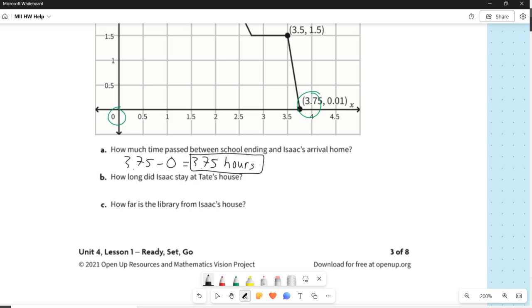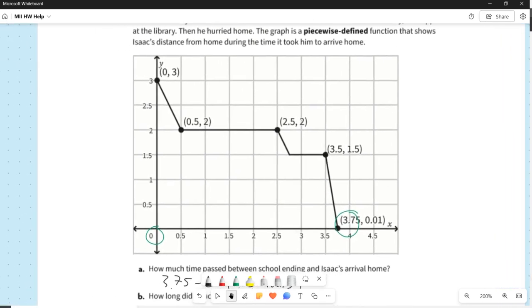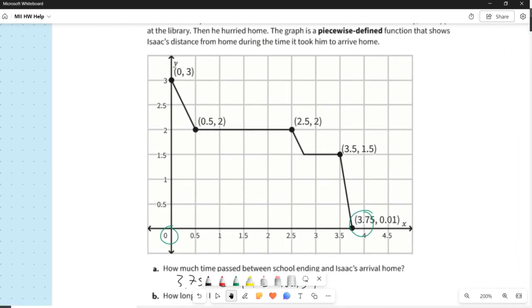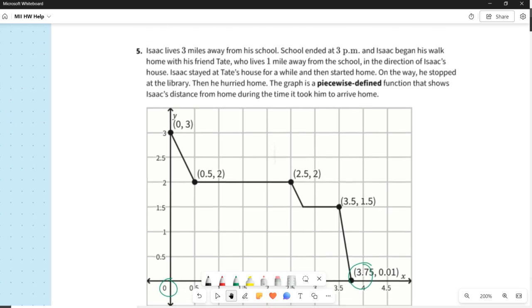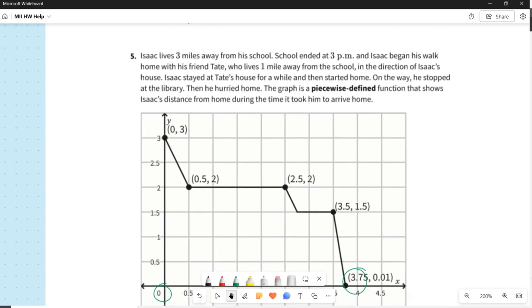Part B, how long did Isaac stay at Tate's house? So when he is staying at Tate's house, he's not getting any closer to Isaac's house. His distance is not changing because he's hanging out at the house. According to our description, it was his first stop, right? Isaac made 2 stops going from school to his house.